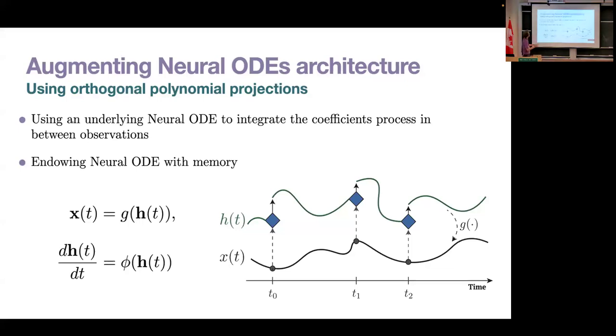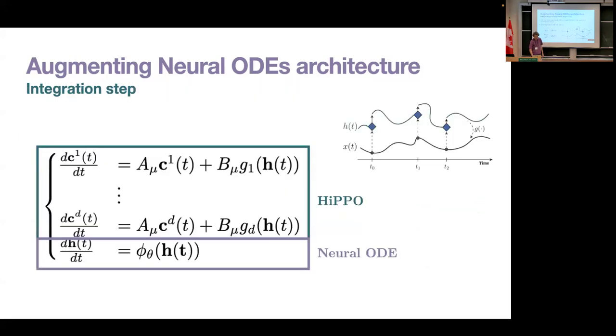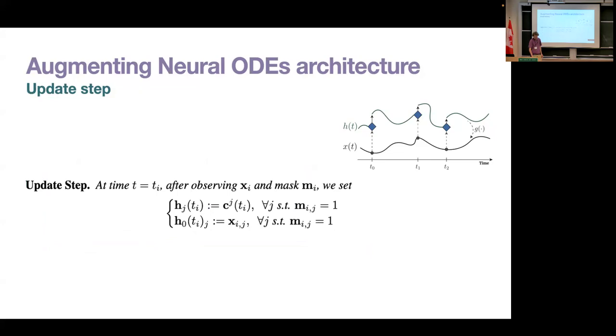So basically here we're retaking the same setup. We're going to have, as in a typical neural ODE, a readout function that we learn that basically learns the observations given this hidden process, and we model this hidden process with a system of ordinary differential equations. But now we're going to structure the system according to a combination of this EPO type of system of ODEs and a more regular type of neural ODE, which incorporates the learning and the forecasting into it.